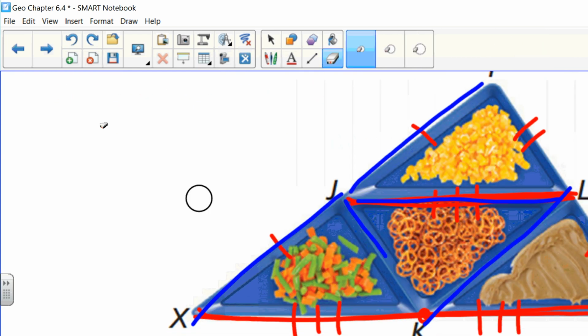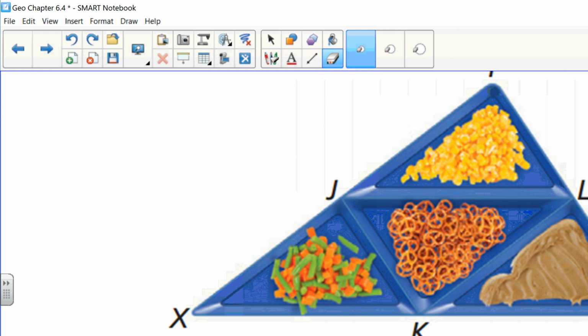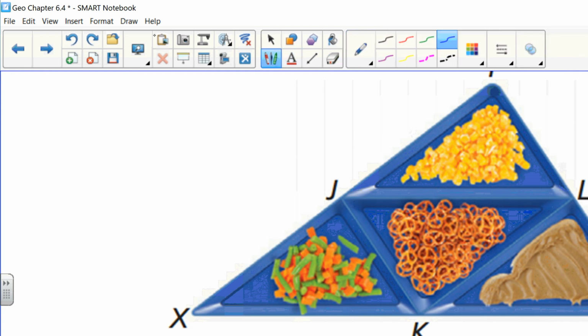So let's look at the last set. The last set would be JK, that far side, with ZL.